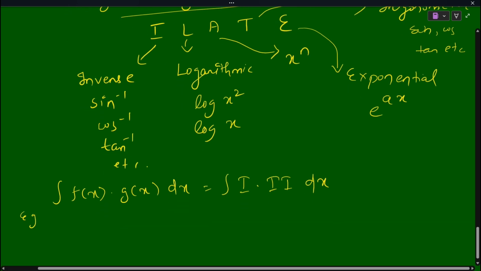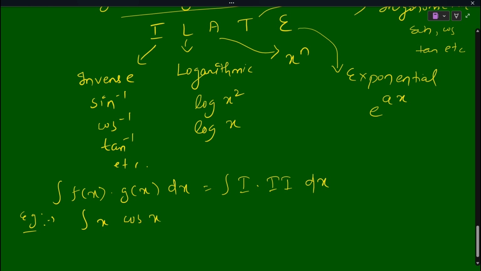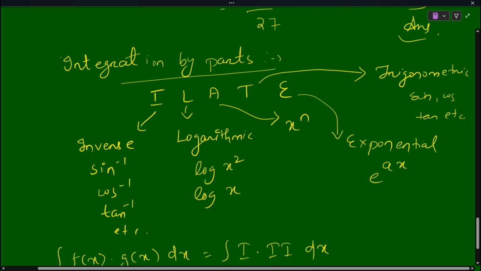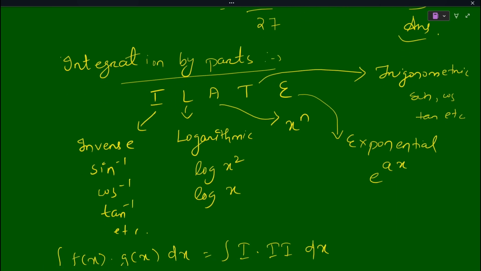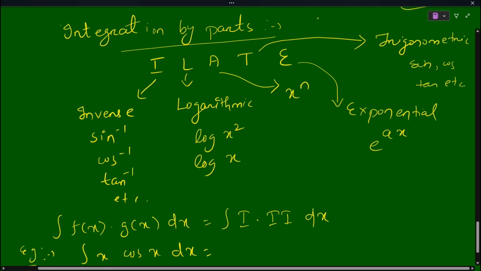Suppose I want to find the integration of x cos x dx. First check which is the first function and which is the second function. Okay, so after seeing, is there an inverse function here?